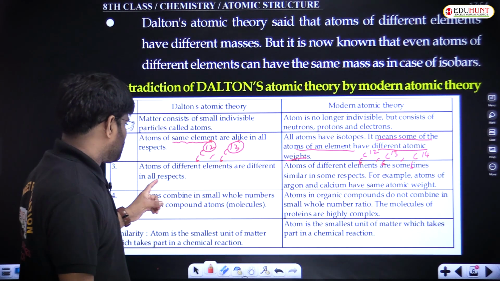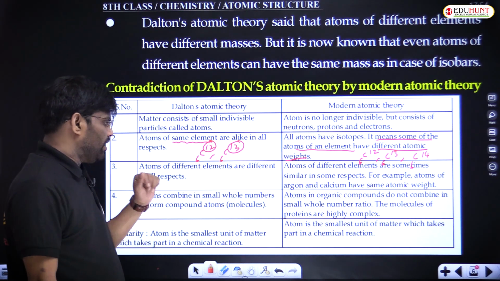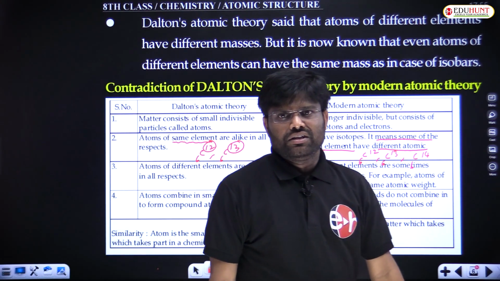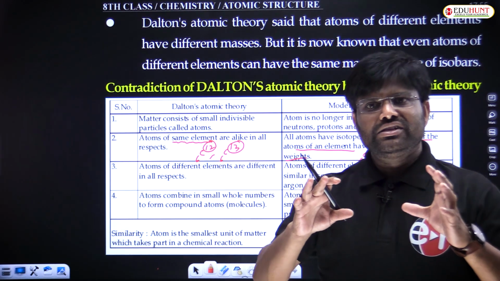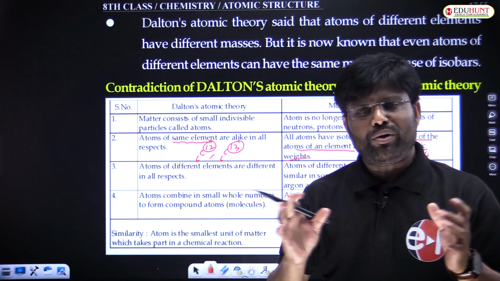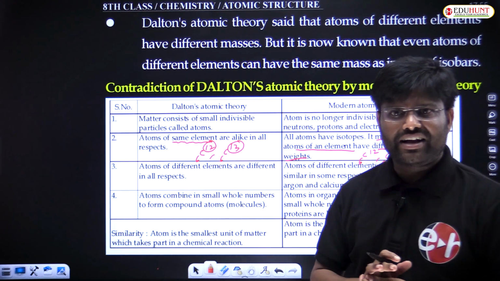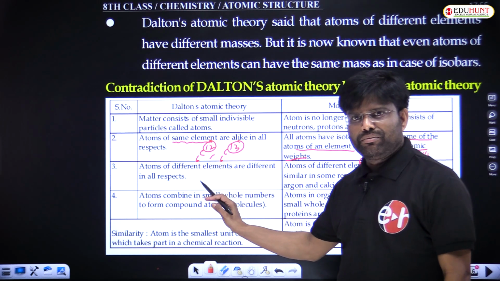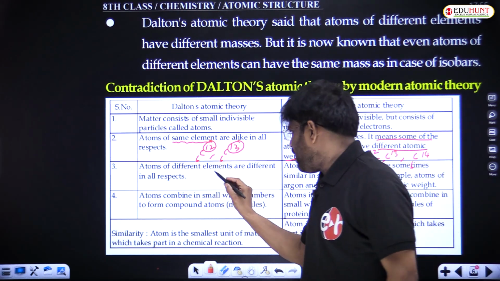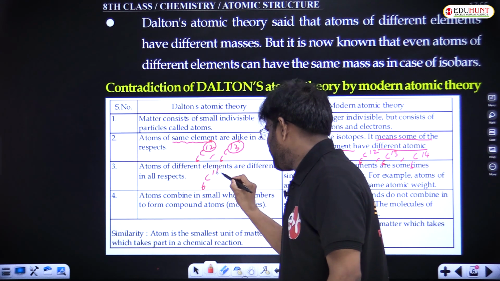Understood? Let's go to the next point. Atoms of different elements are different in all aspects: different mass, different properties. But the case of isobars is the drawback. What are isobars?